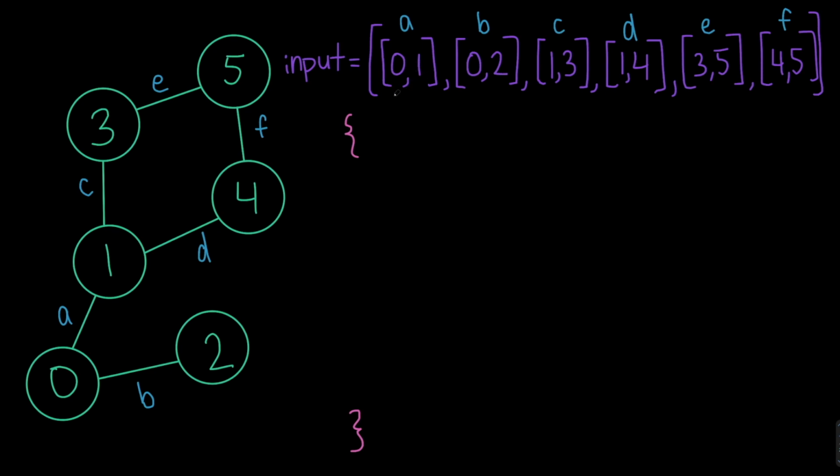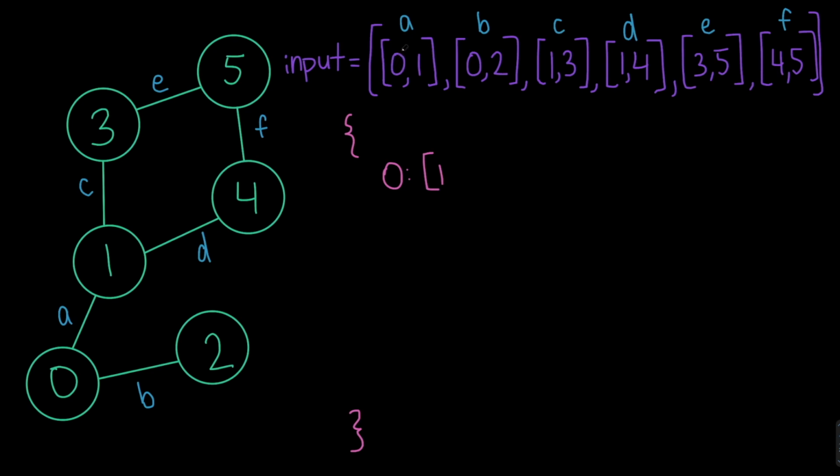Okay, so we have node 1 and node 0 that are connected. So we know that we can go from node 0 to node 1, just like we've seen many times. So we'll say, all right, let's put 0 in here, and we know that we'll put an array, and one of the values will be 1. But, and this is the key piece that people mess up with undirected edges, we need to consider the other piece of information that we can figure out from this edge, which is that we also know that from the 1 node, we can get to the 0 node.